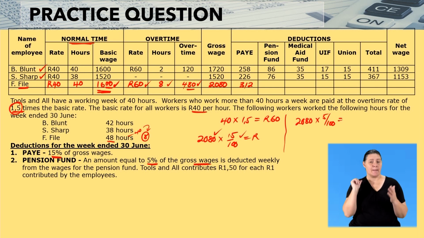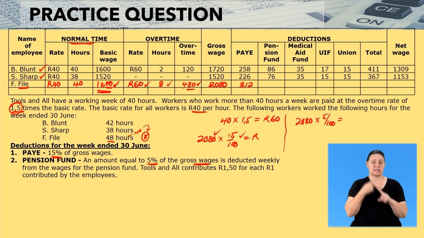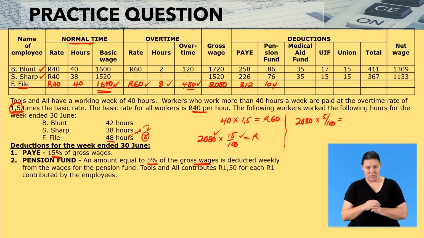That will give me the pension fund deduction. Please punch that in. 2,080 multiplied by 5%. How much do you get? 104.